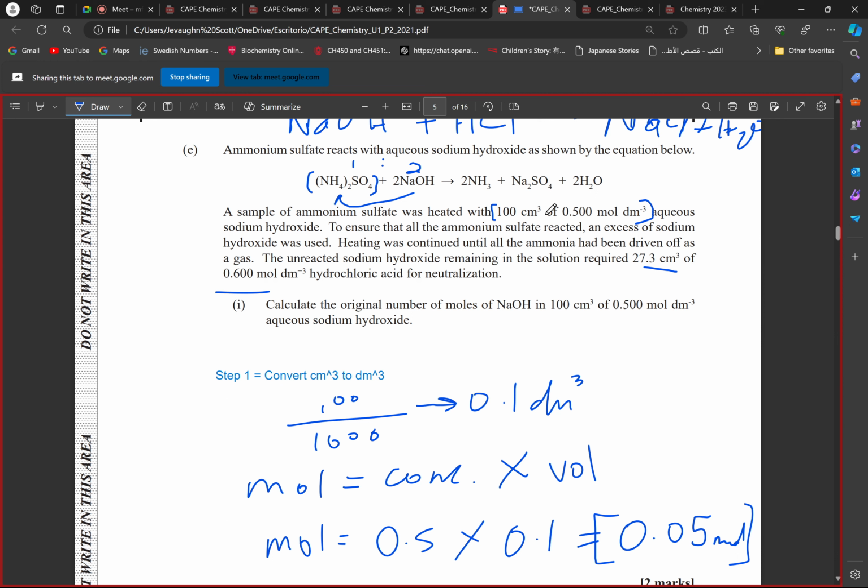Sir, wouldn't you only use the ones that have the state like gas, liquids, and solids? But ions will be aqueous. What do you mean specifically?